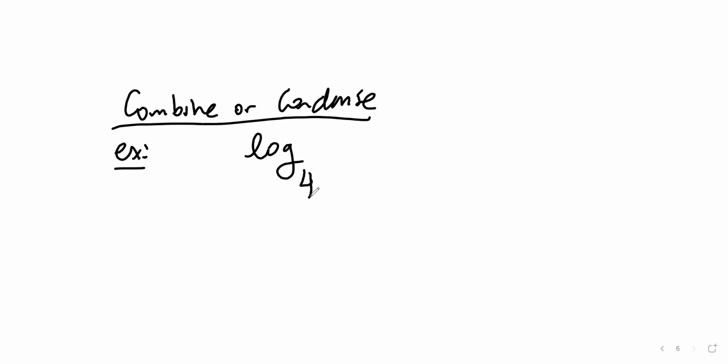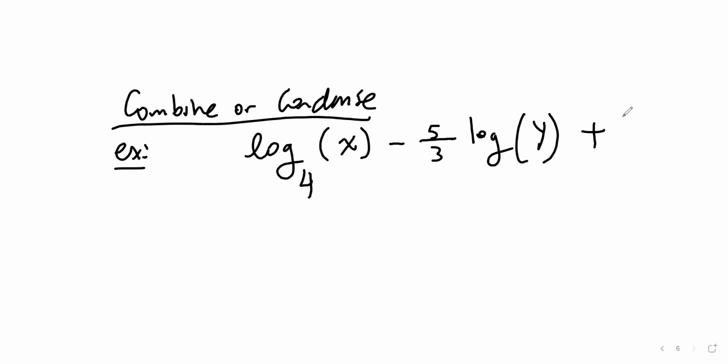Log base 4 x minus, let's say 5/3 log y, and plus 2 times log base 4 z. They must all have base 4. All the bases should be the same in order to use these 2 properties.